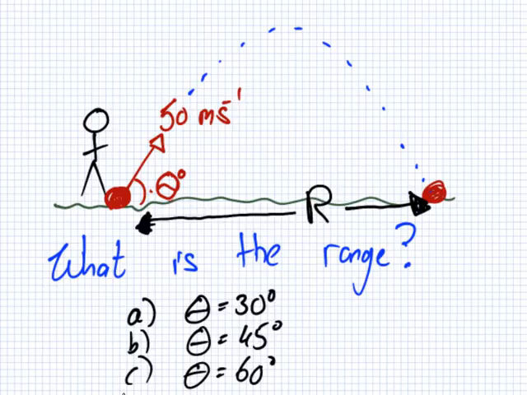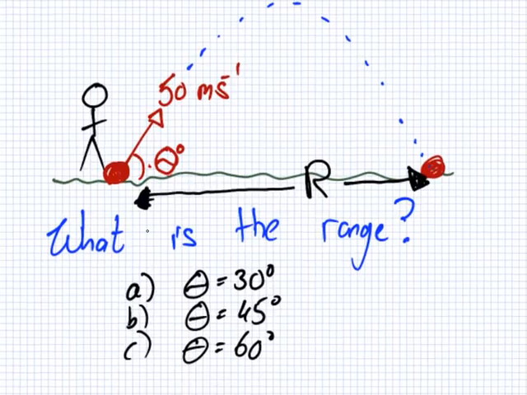It's more interesting because then you can see that the range changes with different angles, and I would like to know which angle gives him the most range. That's what I'm getting to. You all feel like it should be 45. So we can see the difference between 45, 30 and 60. Okay, I think this is a good one to do.